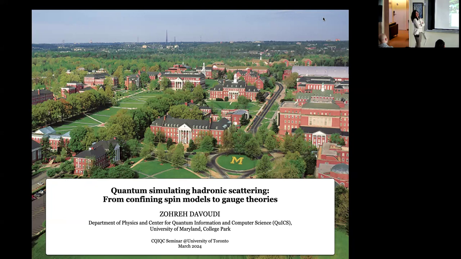Again, I had a hard time picking the topic. Maybe that's the problem with my research. It's all over the place. So I've been focusing a lot on theoretical aspects of a program at the intersection of nuclear and particle physics and quantum information science. But I've also been working a lot with experimentalists on making some of these proposals reality on the hardware.